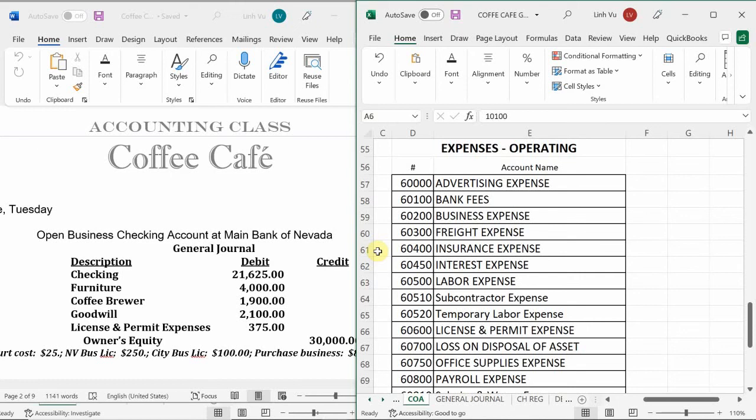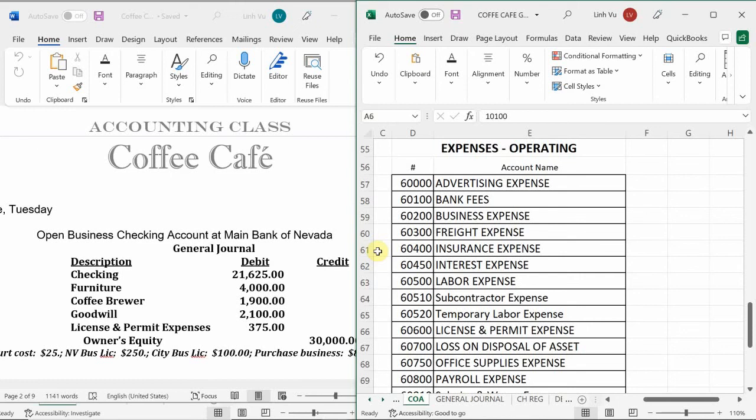Yes. Okay. So we have advertising expense, bank, business expense, fraud expense, insurance, interest, labor. This one. Which one? License. Oh, license.